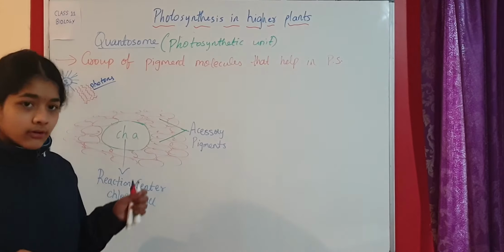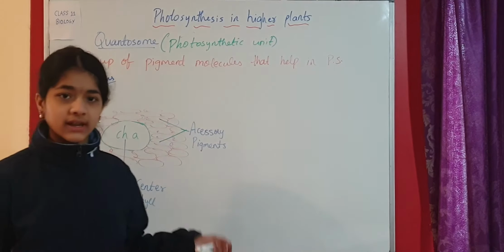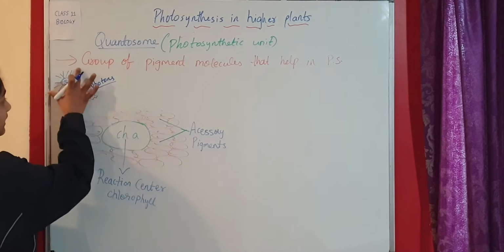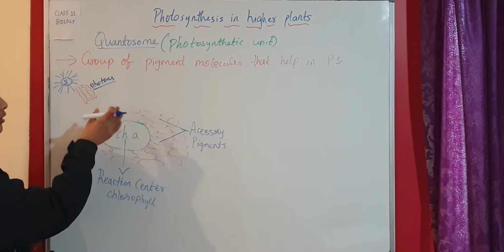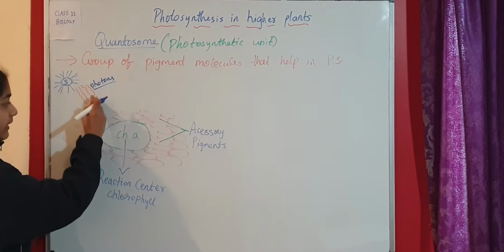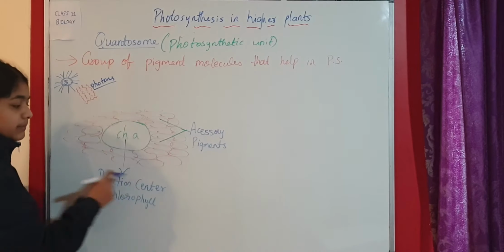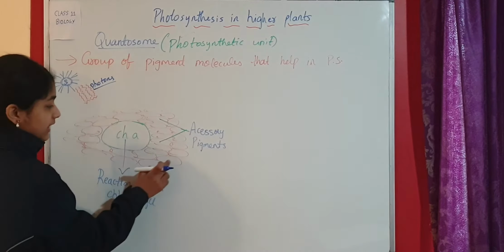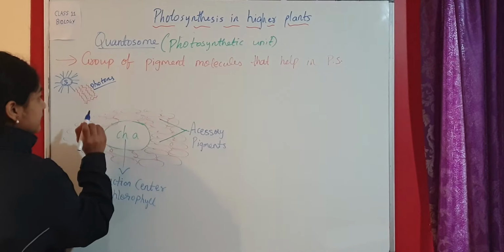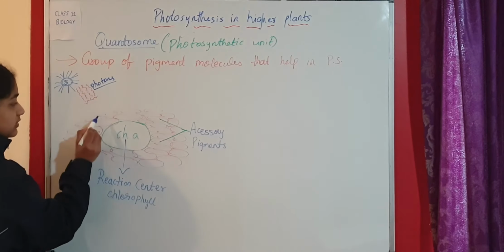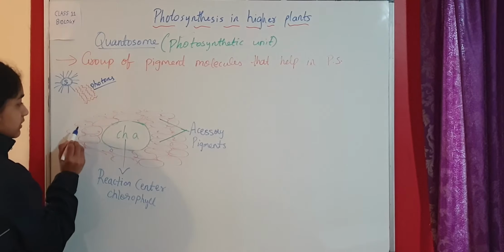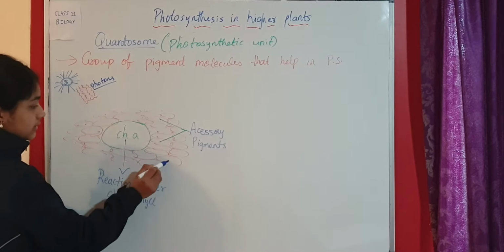So they come in the form of photons, which are nothing but light particles. So the photons travel like this in the form of wavelengths, and the light energy falls on the outer layer pigments like these. So it falls on this one, and here, this one, here, here and here.